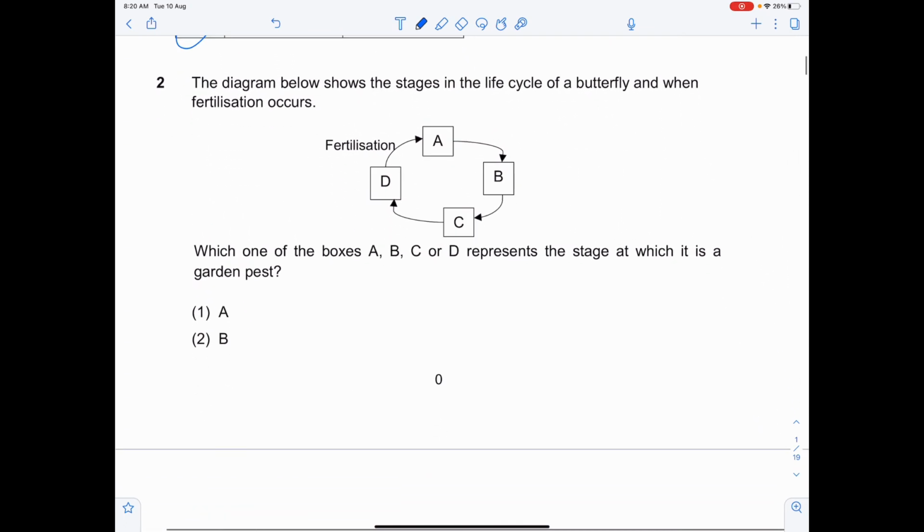Question number 2. The diagram below shows the stages in the life cycle of a butterfly when fertilization occurs. Which of the boxes A, B, C, or D represents the stage which is a garden pest?